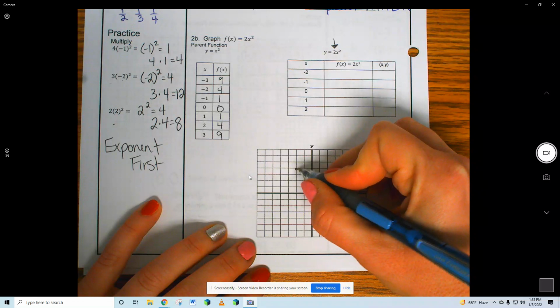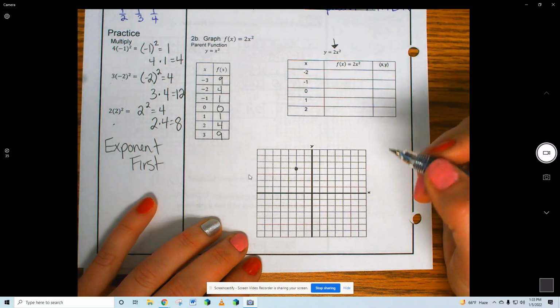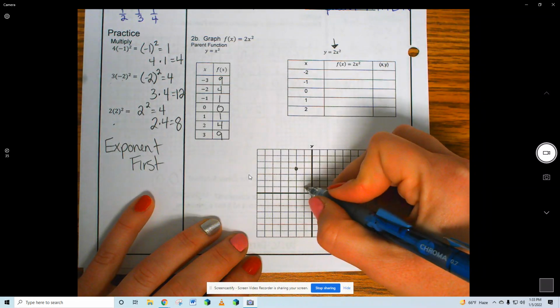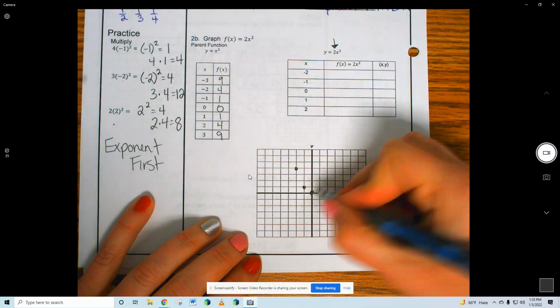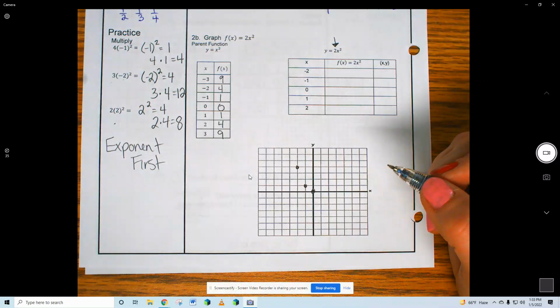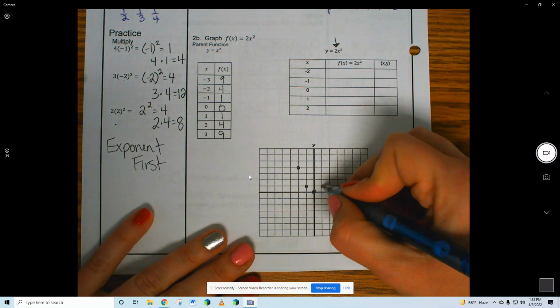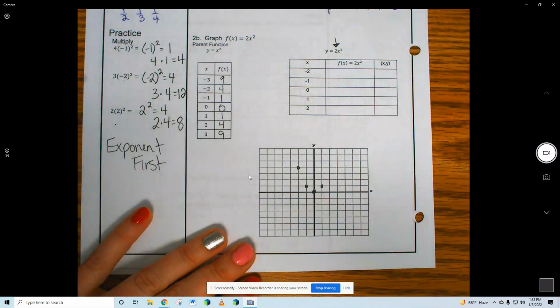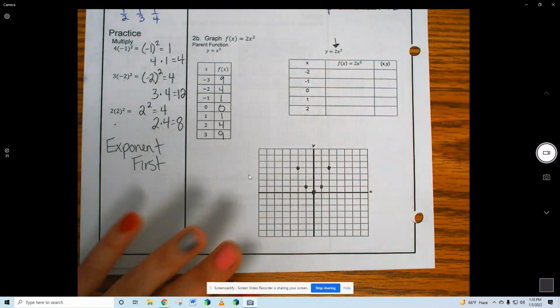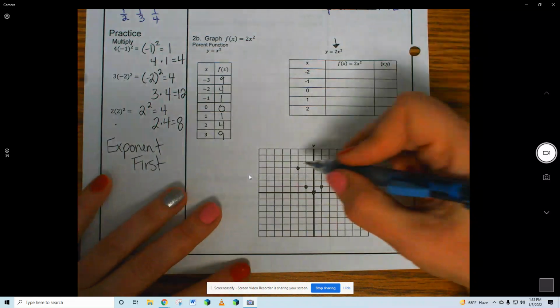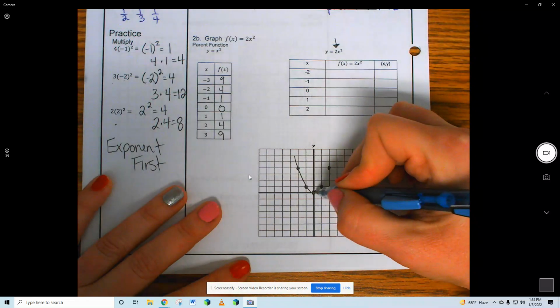This is the same graph we did earlier. -1, 1. 0, 0. 1, 1. 2, 4. Again, this is my parent function. A smooth graph goes through it.